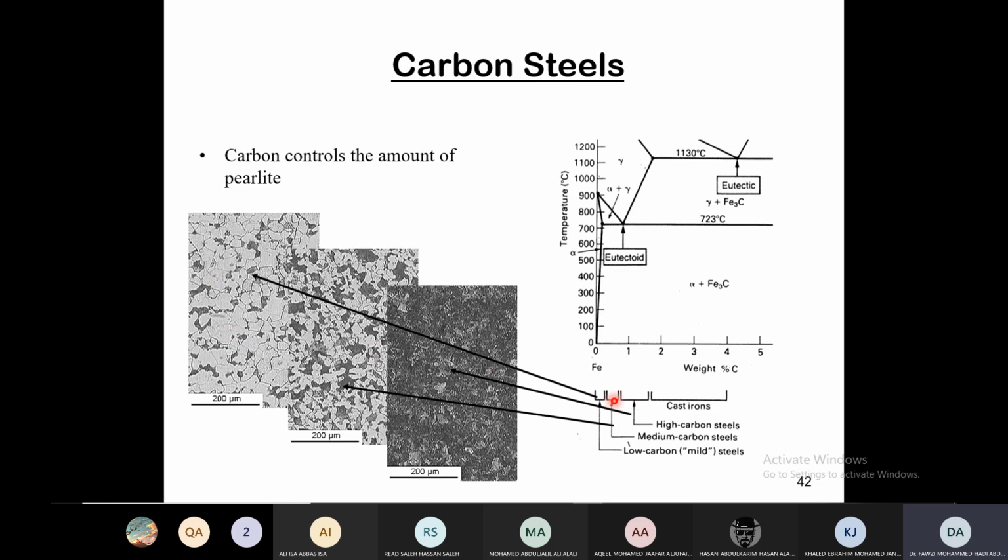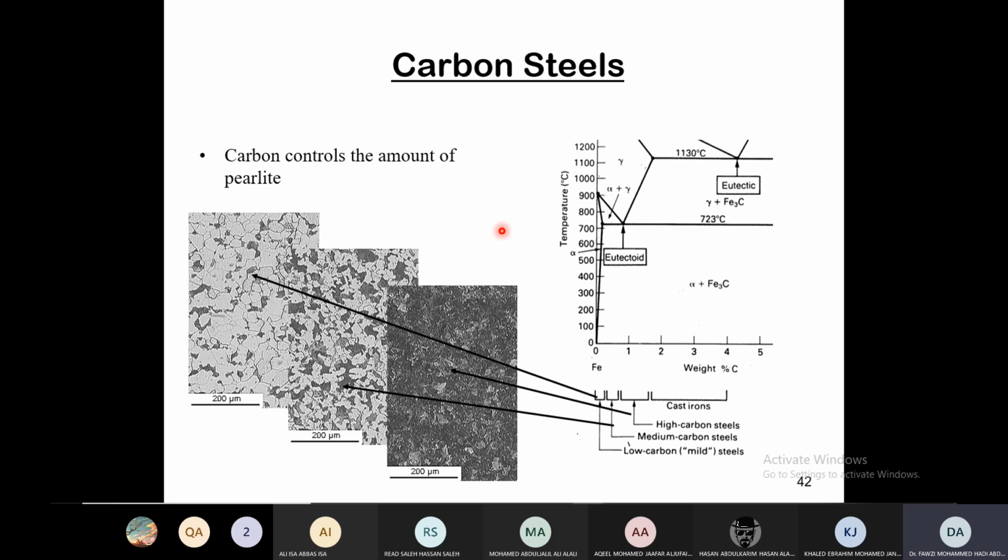As we increase to the medium carbon content, you can see much more perlitic structure developed, the black ones, as you can see there. And as we increase higher to high carbon steel, you see most of the microstructure there is the perlitic structure.